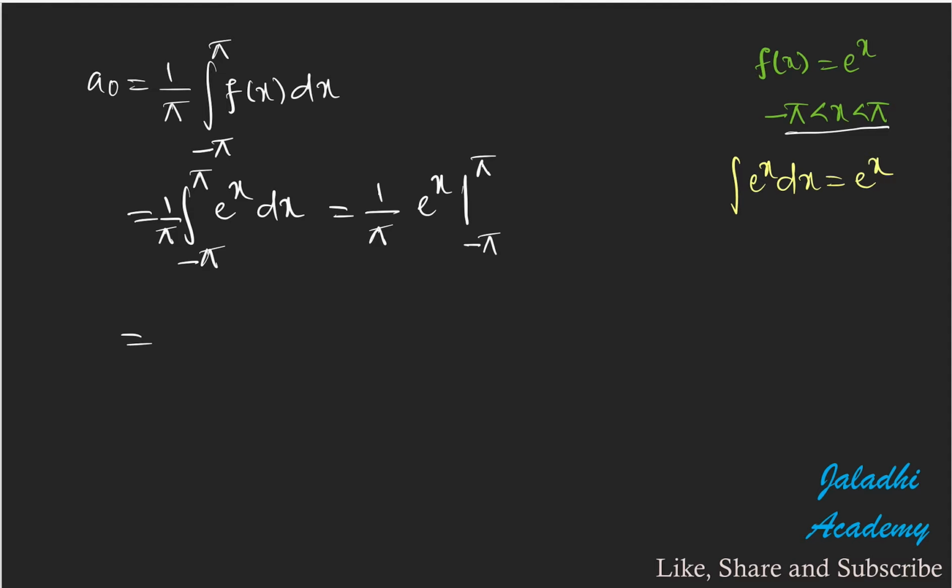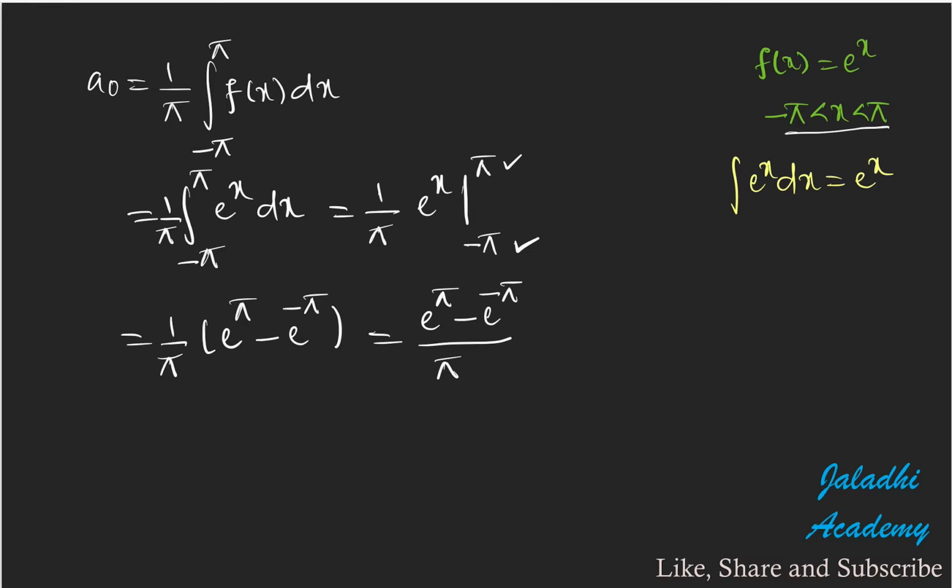So 1 by pi, replace x by the upper limit value. The upper limit is plus pi, the lower limit is minus pi. We get upper limit value minus lower limit value, which is e power pi minus e power minus pi, divided by pi.